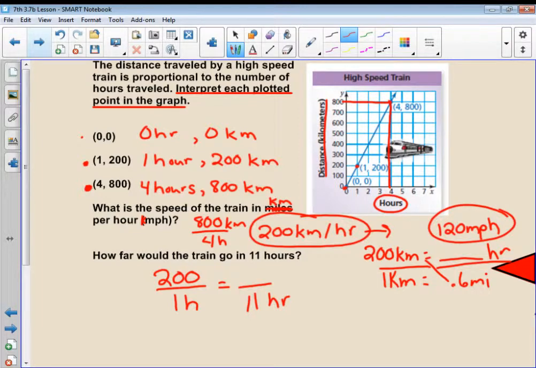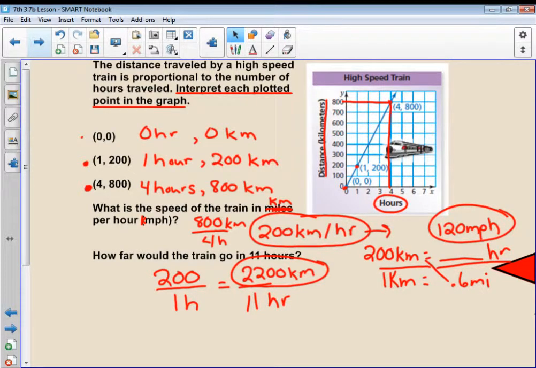So 200 times 11 is going to give me 2,200 kilometers. So that's how far we could go in 11 hours. If I wanted to figure out what that was in miles, well, I do 0.6 times that. It'd be 1,320 miles. So that's quite a ways in 11 hours.